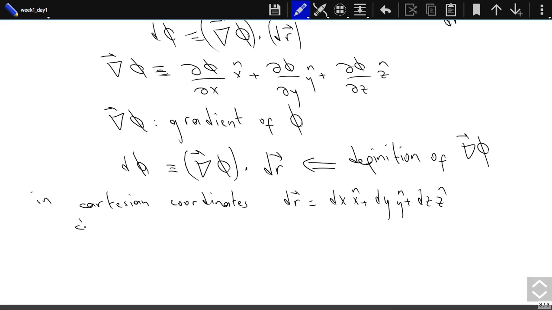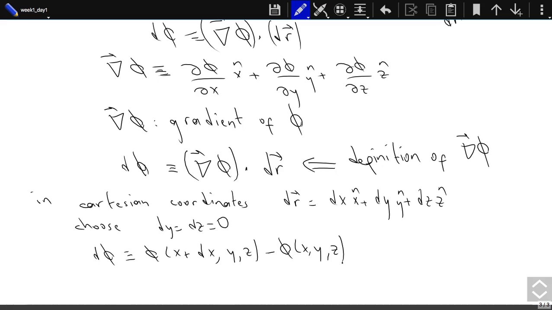So let's just choose, for example, well, this change in the coordinates is just arbitrary. I can choose whichever one I like, and this equality should be satisfied whatever dr is, as long as it's very small. Its magnitude should be very small. Well, if dy and dz are 0, then d phi, which in this case is nothing but phi of x plus dx, y and z, minus phi of x, y, and z.